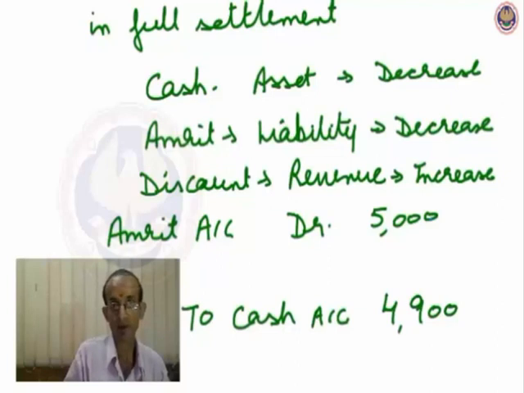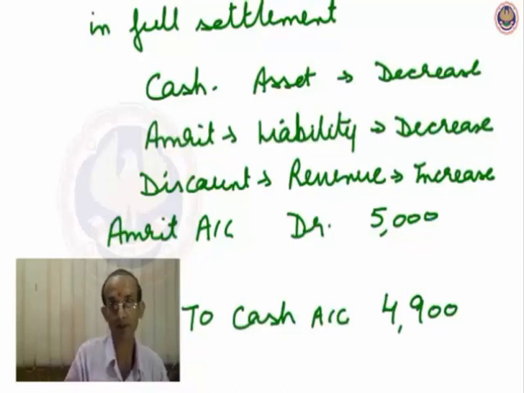So discount we are receiving. One thing we should always keep in our mind, in case cash is credited, discount is always credited. If cash is debited, discount is always debited. We will discuss why this happens. When we are making the payment, we receive the discount. When we are receiving the discount, it is an income.